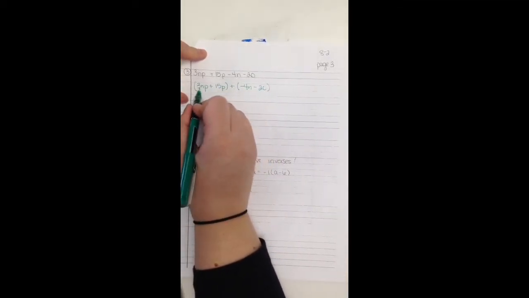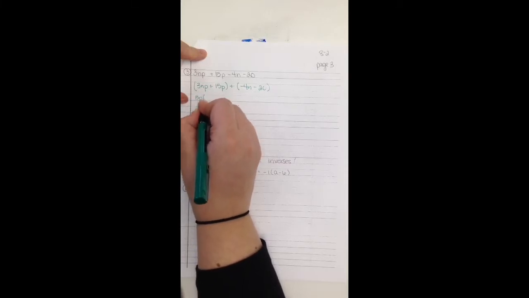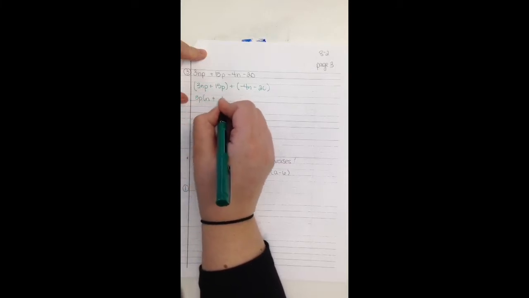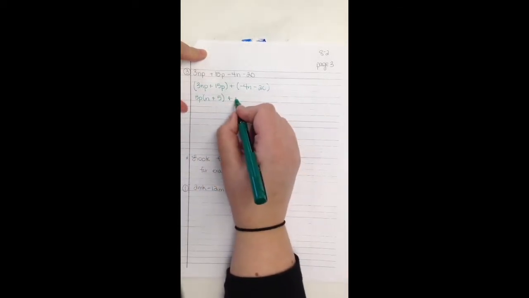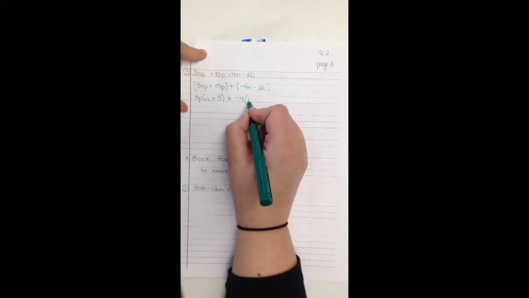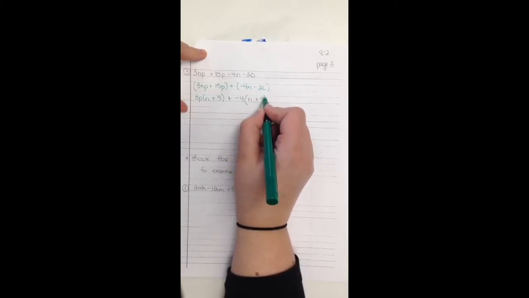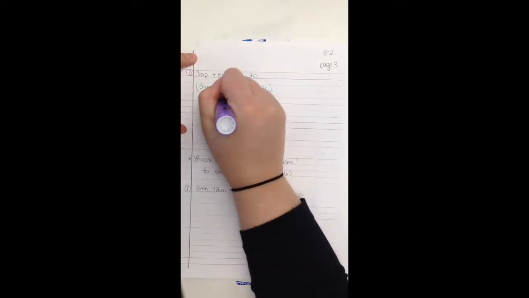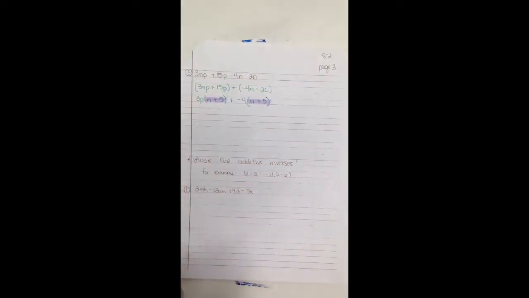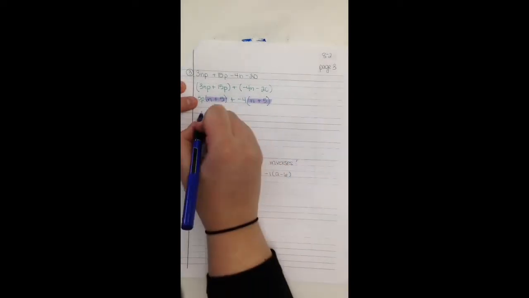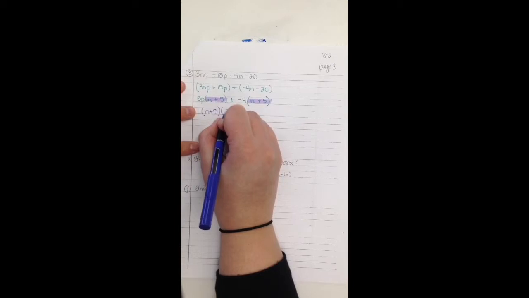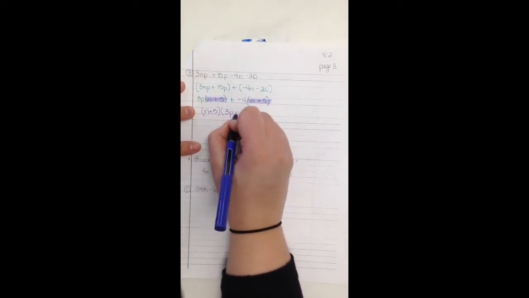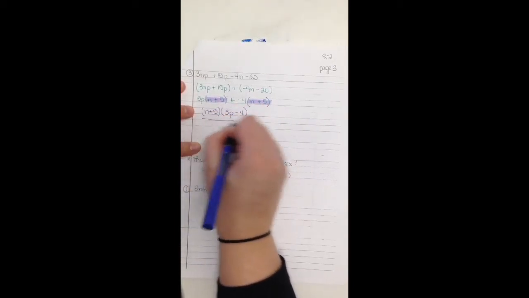I can factor out a 3 and a p, and when I do that, I just have n plus 5 left, plus I'm going to factor out a negative 4, and I'm left with positive n plus a positive 5. Notice n plus 5 and n plus 5 are the same, and because they are the same, I can factor it out times what's left, which is 3p plus a negative 4, or minus 4. And I'm finished.